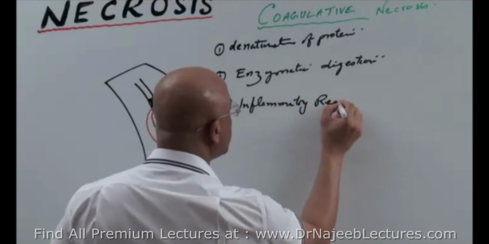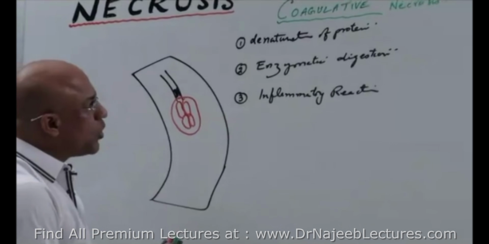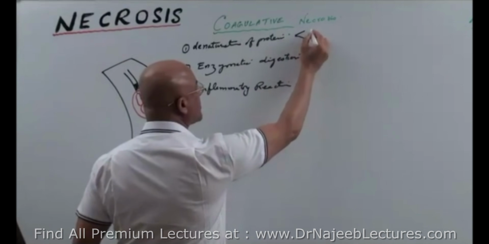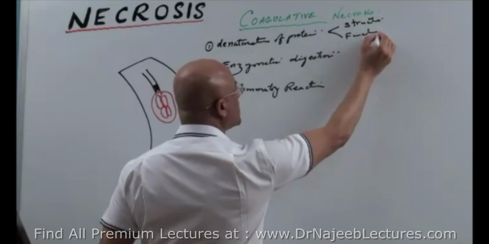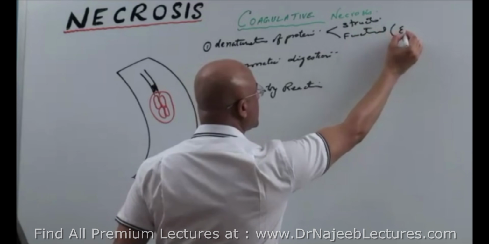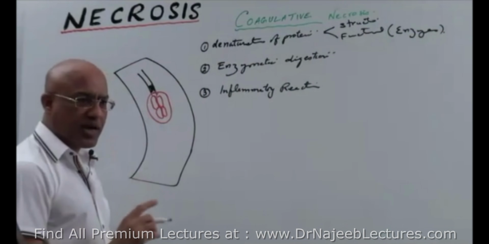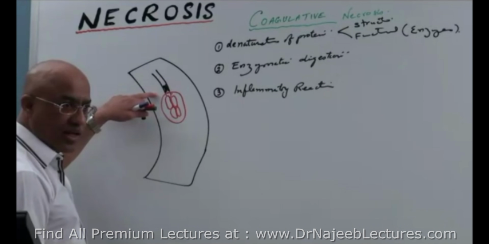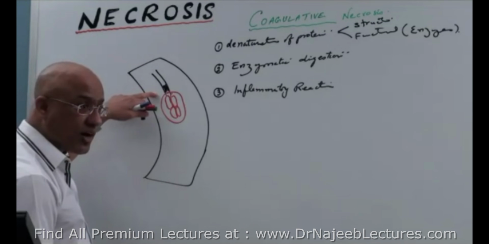Now let me explain what happens in coagulative necrosis. As I told you in the beginning, there are two categories of proteins: structural proteins and functional proteins, and among the functional proteins there are enzymes as well. Now imagine that there is severe ischemia or hypoxia here, and denaturation of proteins starts.